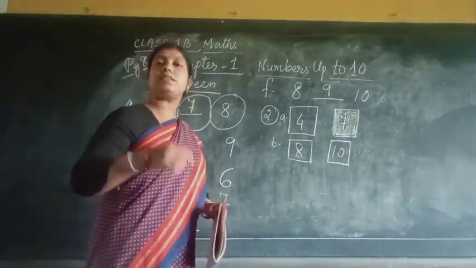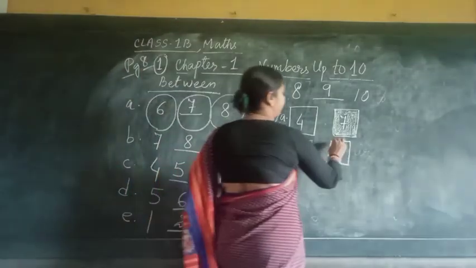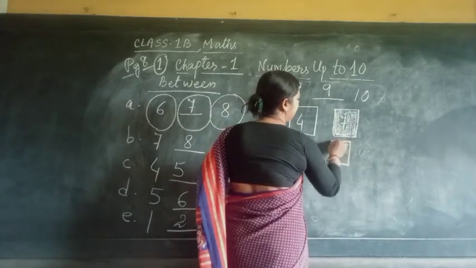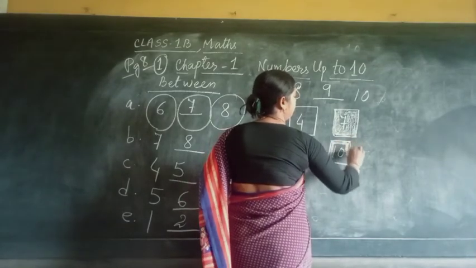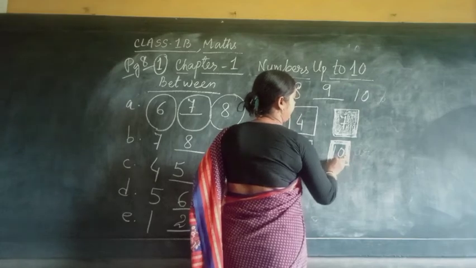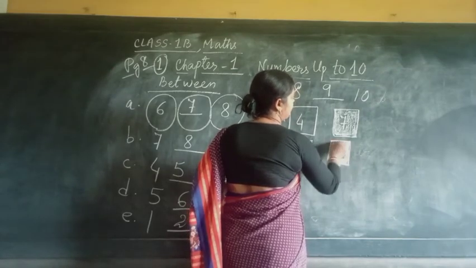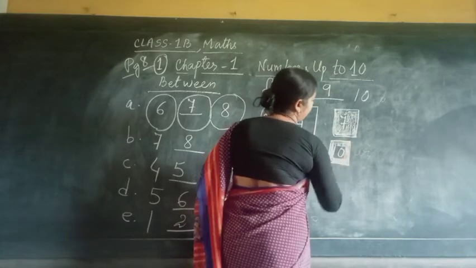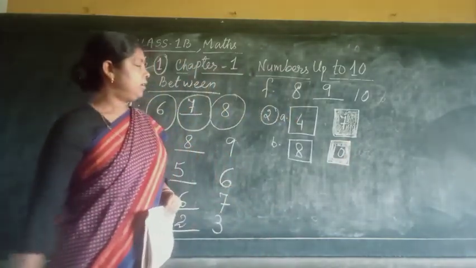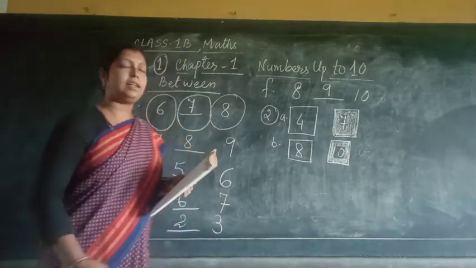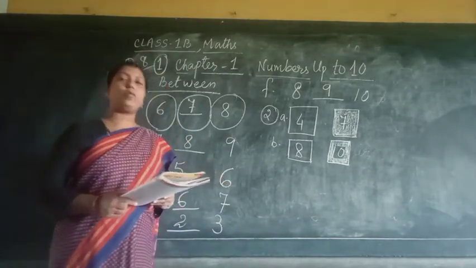You see here, 10 is the greater number, so you just color it with green. Here I am just showing you, with chalk I am coloring, filling it up. Just with green, you color it. So you can easily understand that. All right, color the square with green.